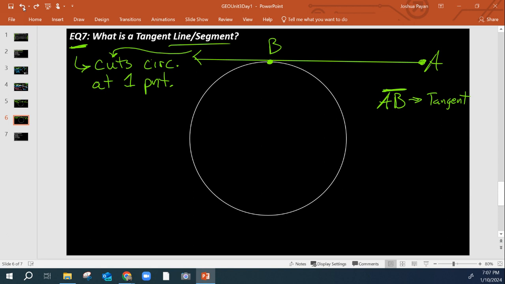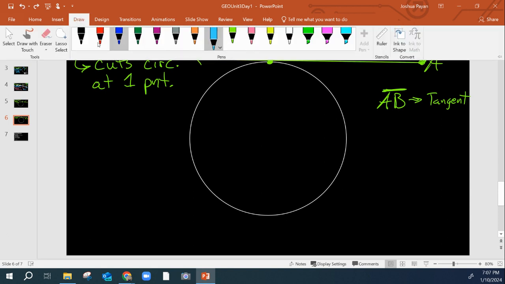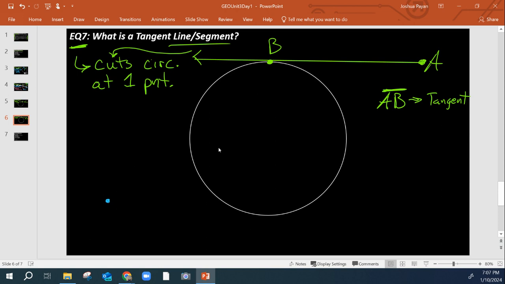Now, an interesting question that always seems to come up is, well, what if I've got, let's do a different letter. This is point X, and it cuts the circle right here. Okay, it goes and it stops right there, right? Well, this is not a tangent.